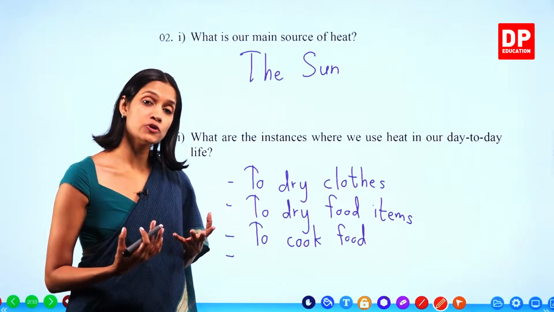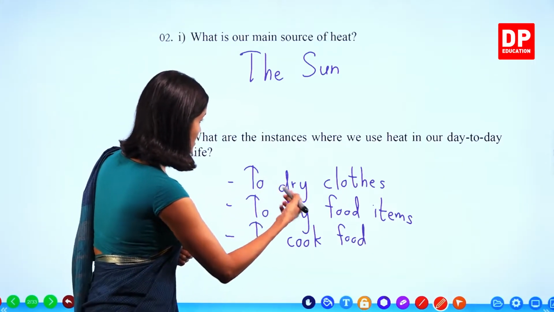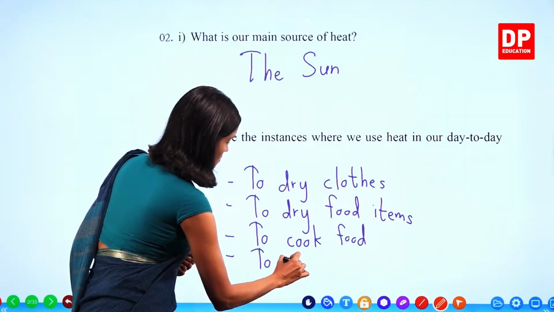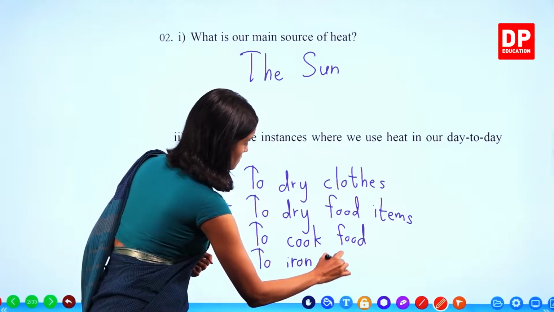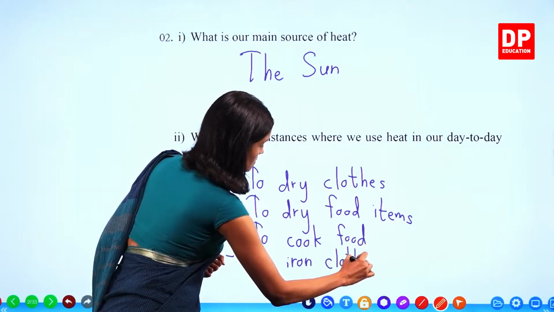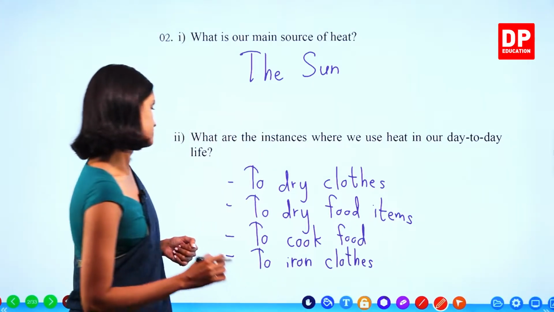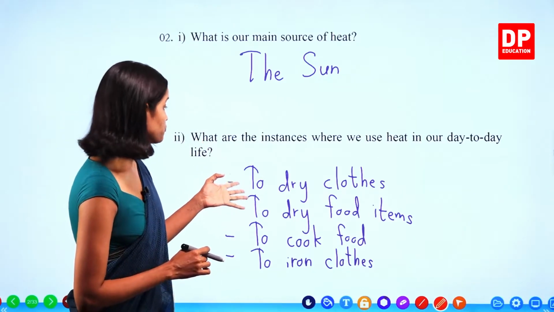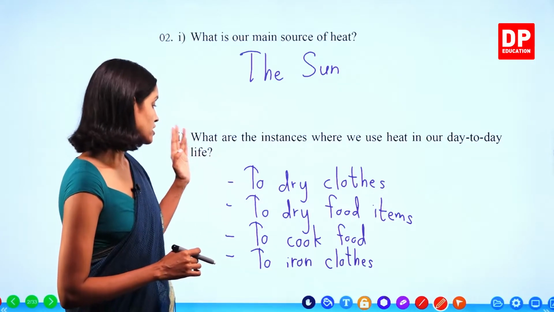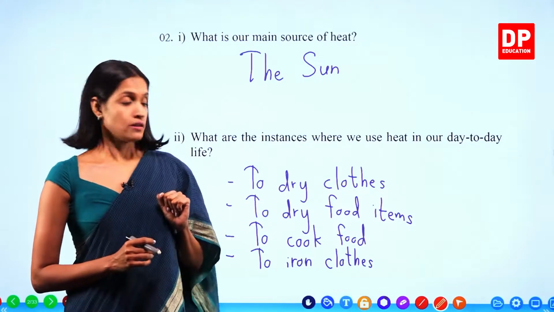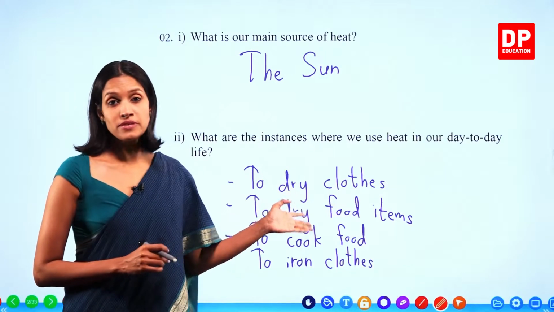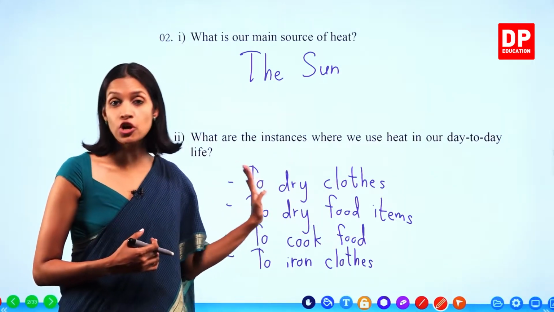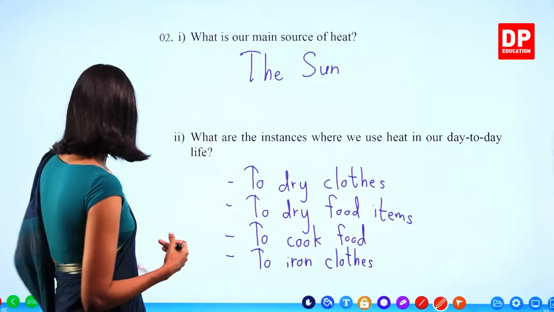To iron clothes we need to use the iron and its heat. To iron clothes. Right, children? To dry clothes, to dry food items, to cook food, to iron clothes. So these are some instances. You can find many other instances and make your list longer. Right? We'll move on to the next.